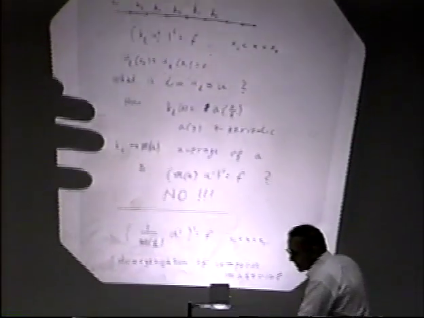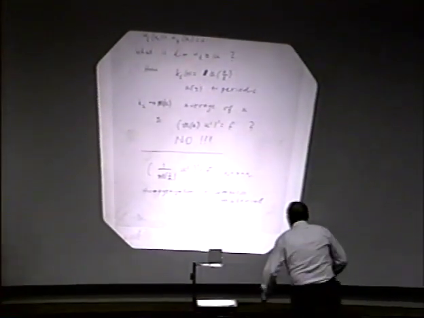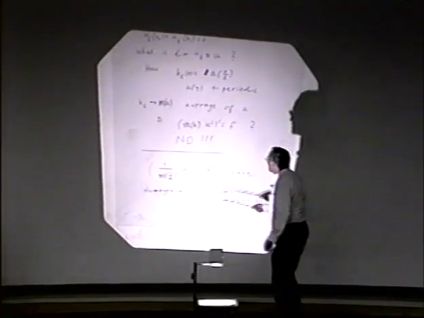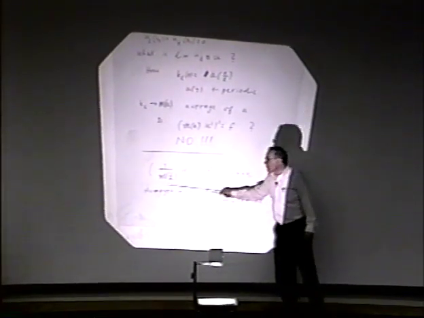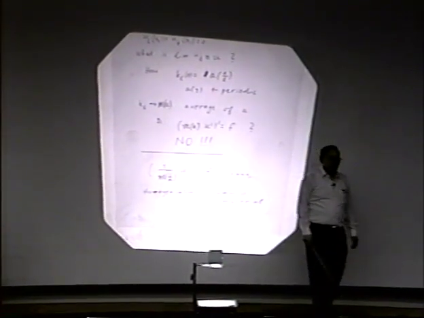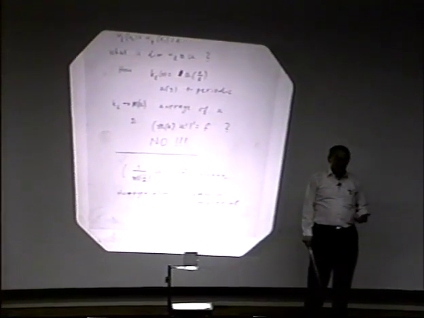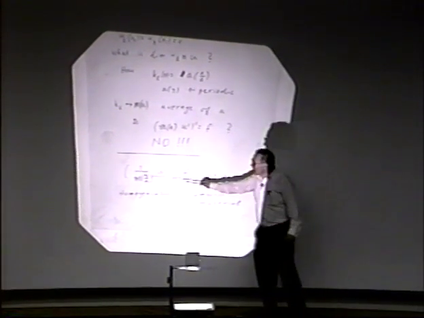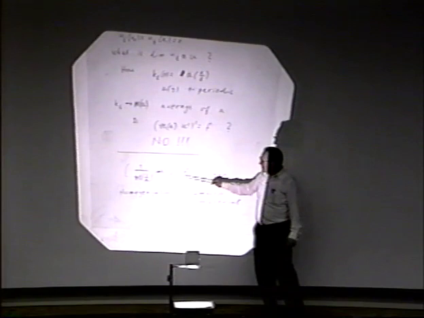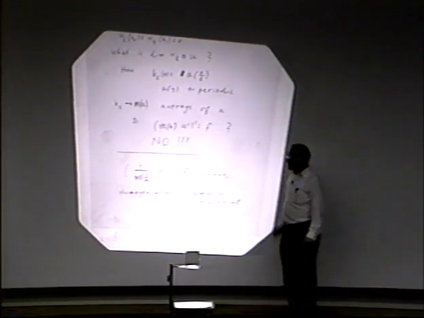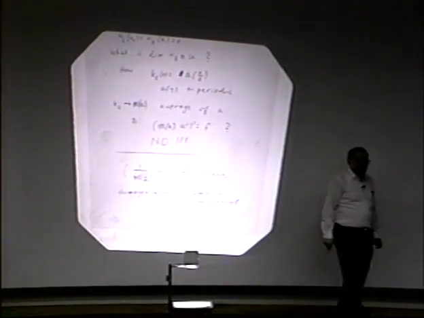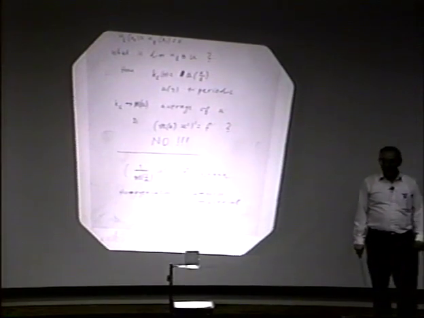The correct answer is this. You take the average of 1 over a, you get a number, and then you take 1 over this average, and u prime and all this prime. This is the correct answer. So things are not what they seem.